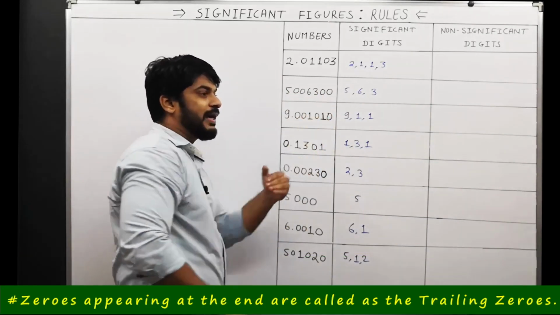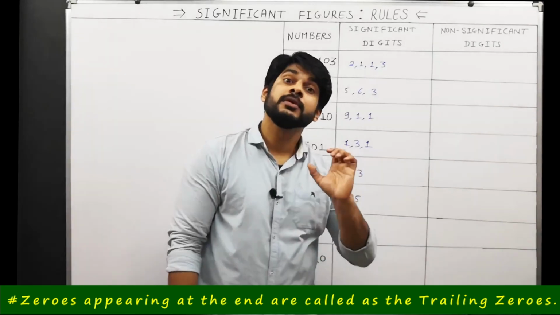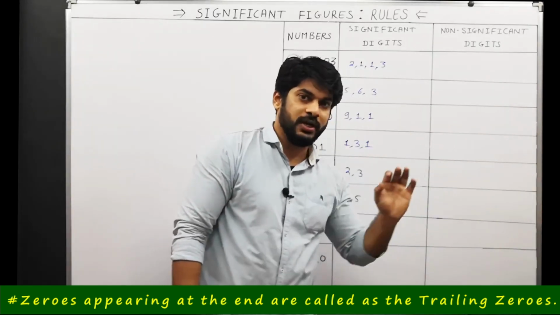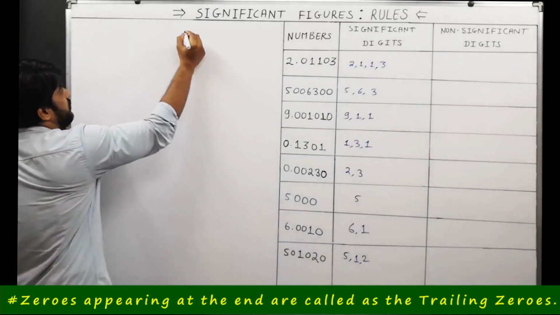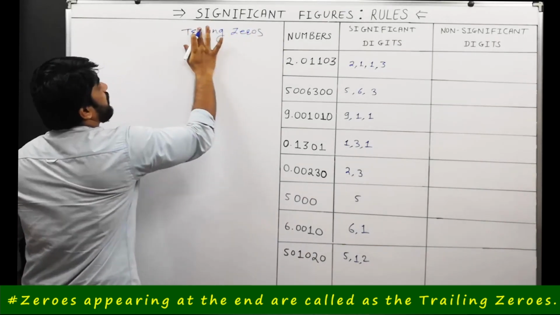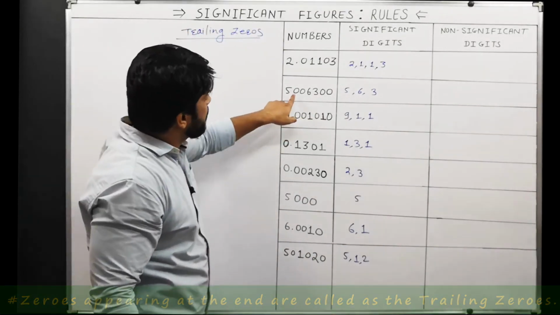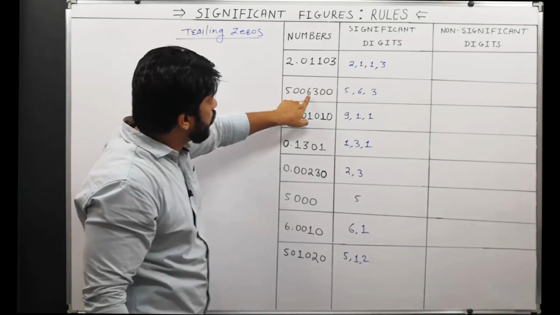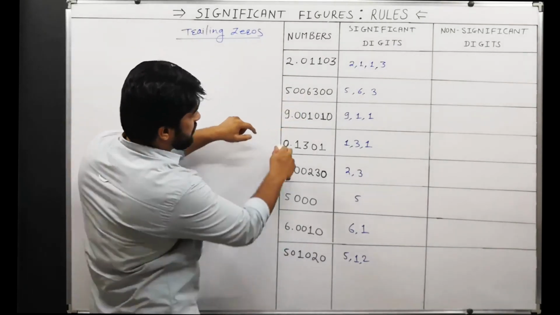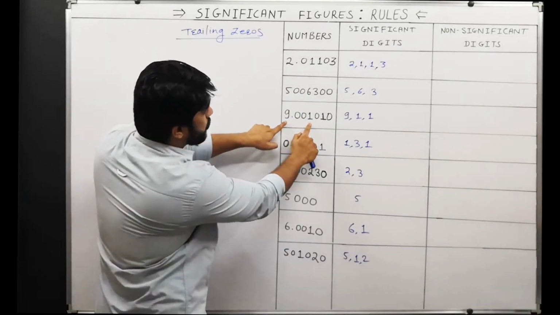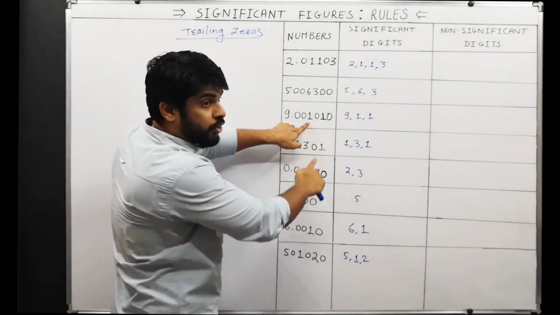So these zeros at the end are called the trailing zeros. I would just write that here. And these are the zeros between 2 non-zero digits. Here also you can see these zeros are between the non-zero digits. This zero is also between the non-zero digits.